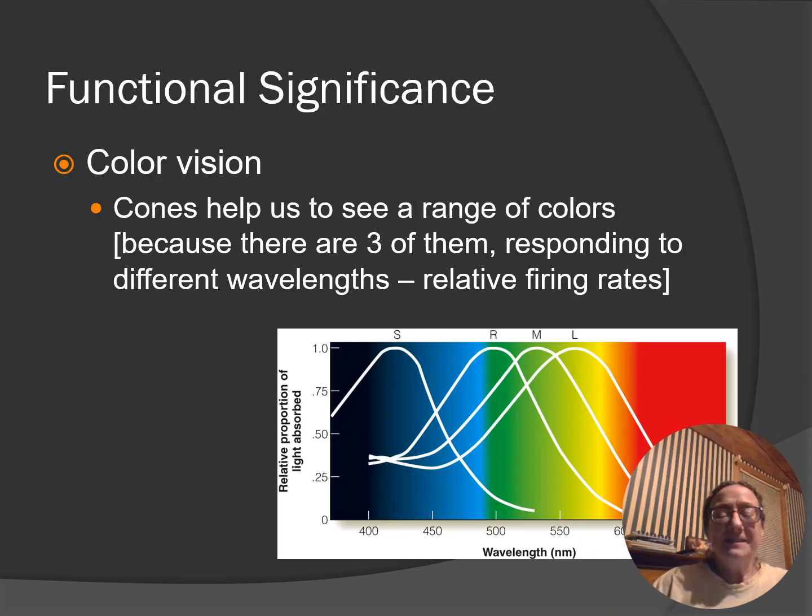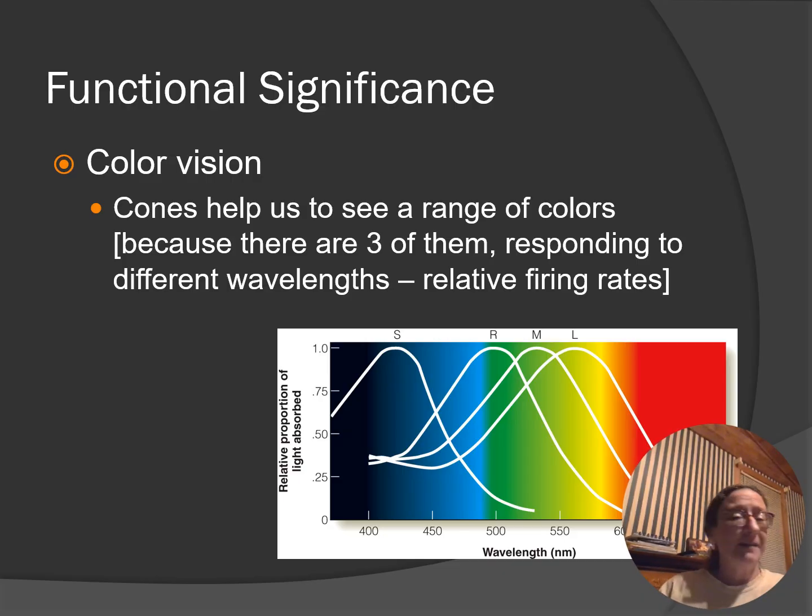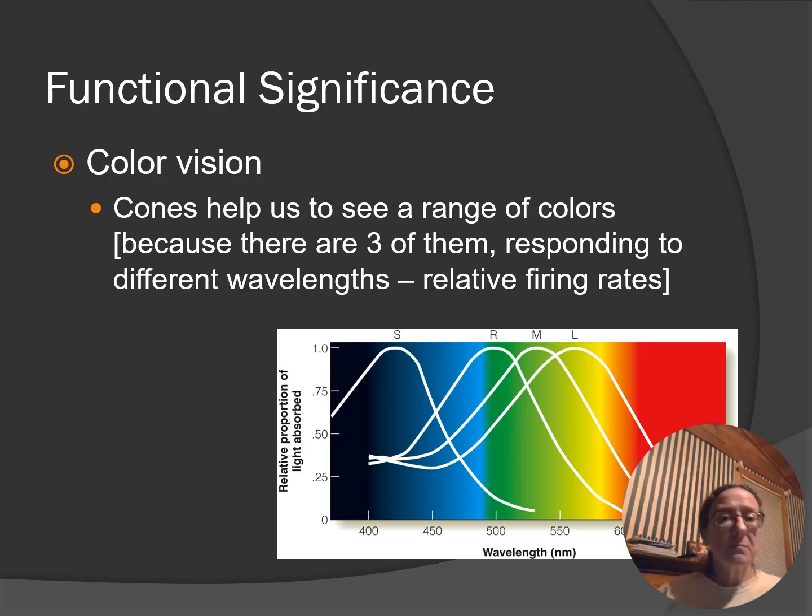And here I am just doing the same thing, with the words on the slide, that I just explained, as simply as I can in one sentence. Cones help us to see a range of colors because there are 3 of them, and they're responding to different wavelengths. And what we are processing is the relative firing rates.